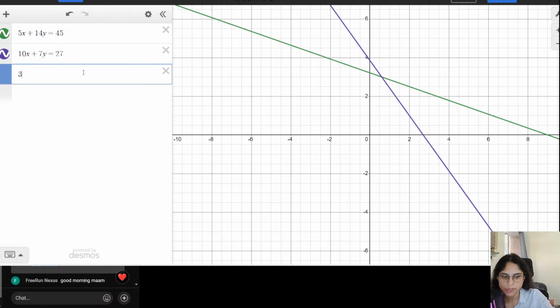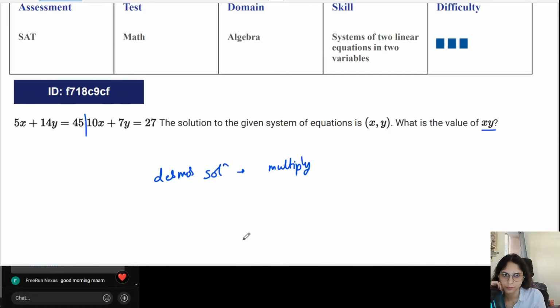So now you have to do 3 times 0.6, that is 1.8. So xy equals 1.8.